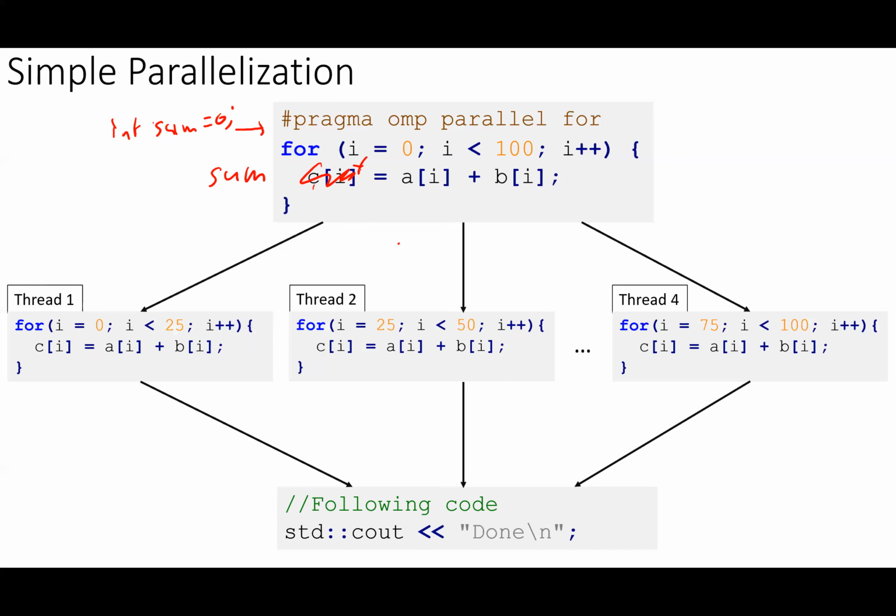That's not okay. The reason is that all of these 4 threads are now incrementing this sum variable, which is the same. That's chaos. That's the case I told you about where they're going to be overwriting each other and we're not going to get the right sum. So how do we know that we're not doing that with a variable? That's a good question.